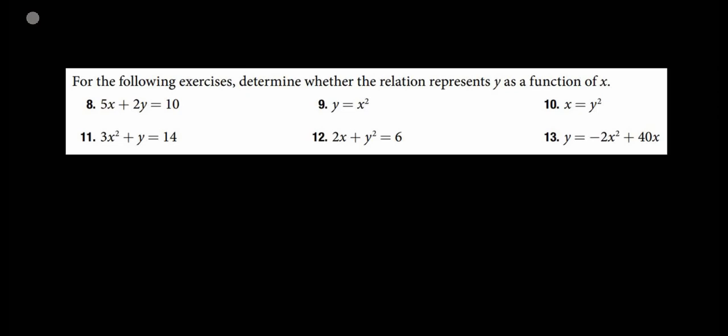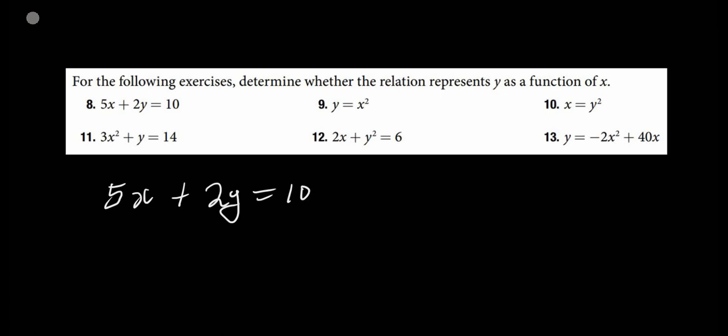All right, now let's quickly look at the following questions. The question says, for the following exercises, determine whether the relation represents y as a function of x. Let's take question 8. 5x plus 2y is equal to 10.